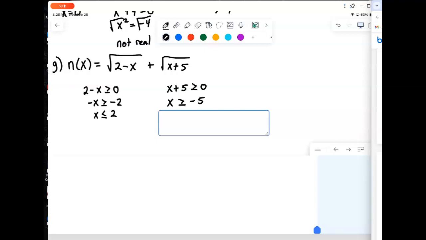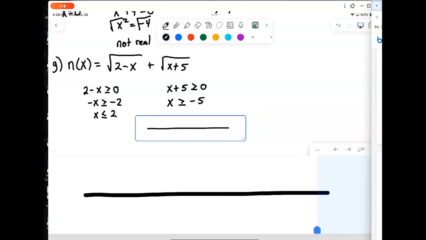x has to be less than or equal to 2, and x has to be greater than or equal to -5.